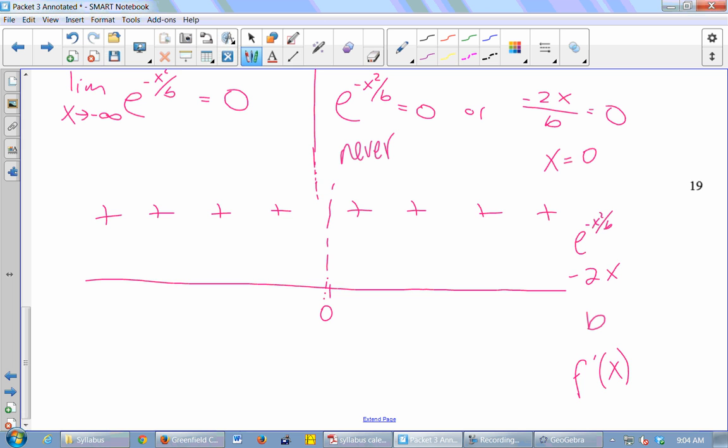So negative 2x is positive to the left of 0, and negative 2x is negative to the right of 0. And then b doesn't matter because it will have the same sign.